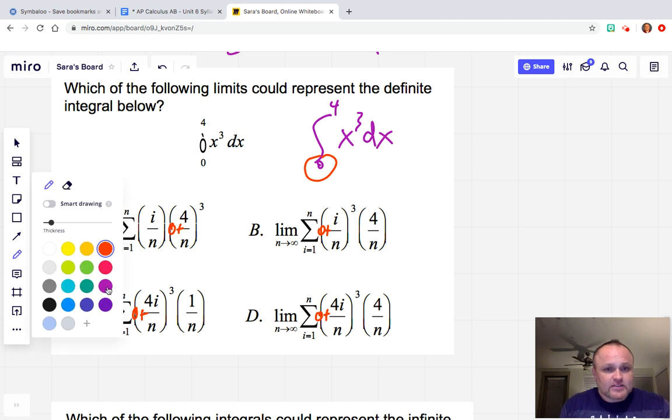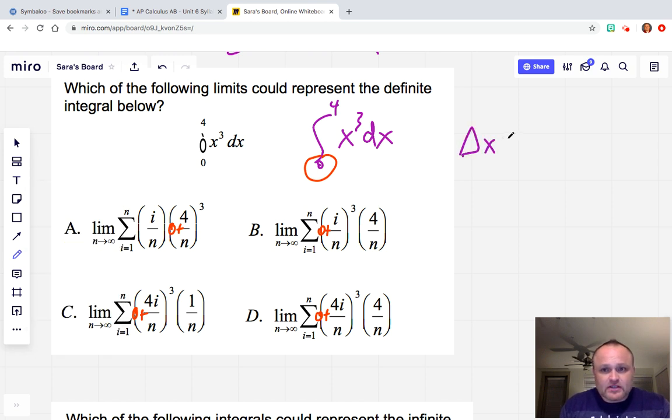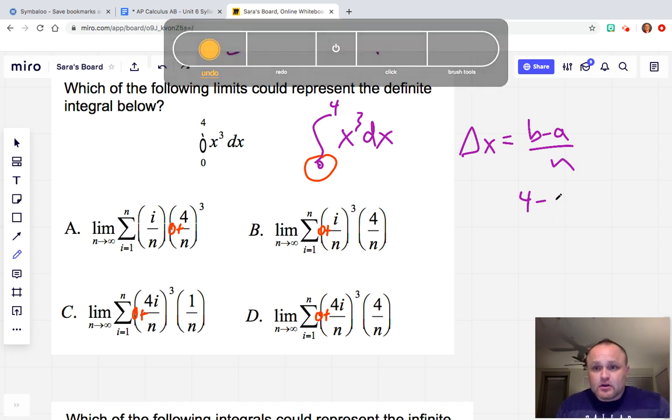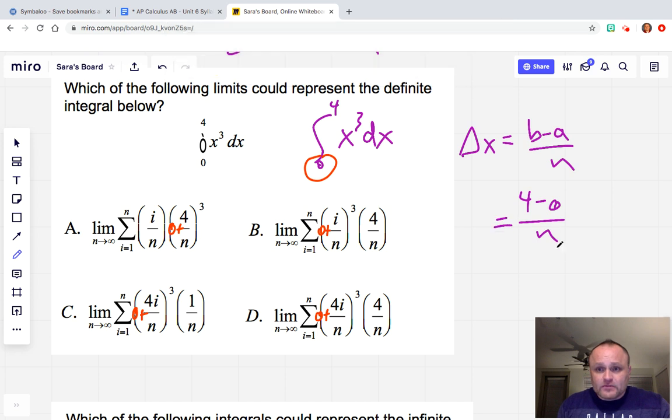And we have to ask ourselves, what's the delta x? What's the high minus the low over n? Here, it's 4 minus 0 over n. So 4 over n is the width of each of those rectangles, okay? You know it's not going to be c because that's not 4 over n, okay?